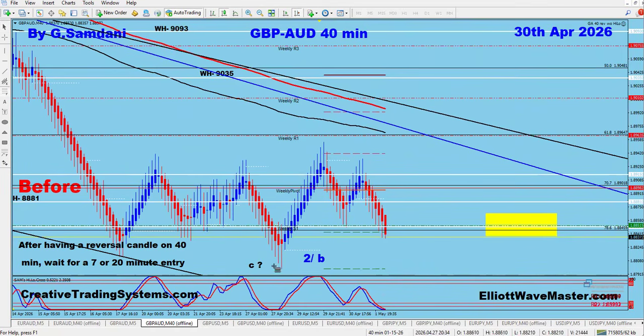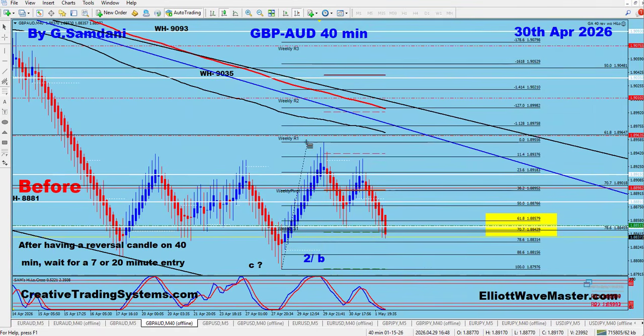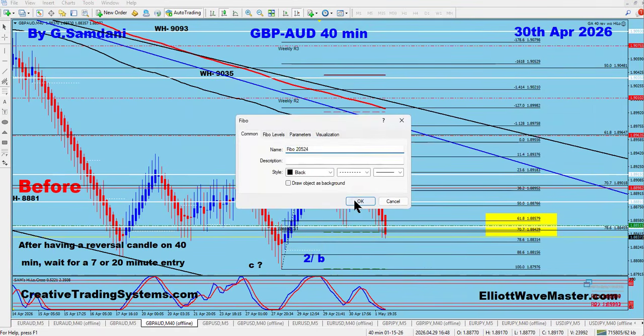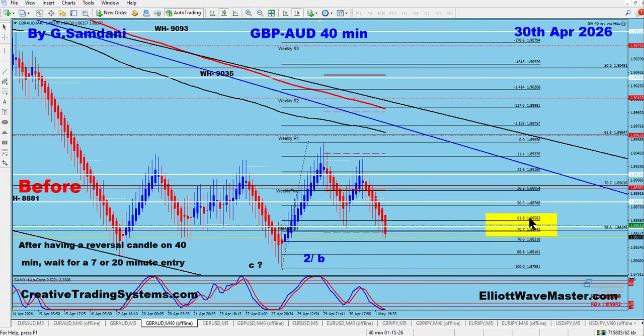After that, this move is ended here, and now we have a perfectly calculated by-the-book Gartley pattern in place. The first touch is 61%. Second, we went up to the 23% line, and third, you can see is exactly touching just above 78%. So maybe a little more to the downside, touching the 78%, and after that, it will go up.